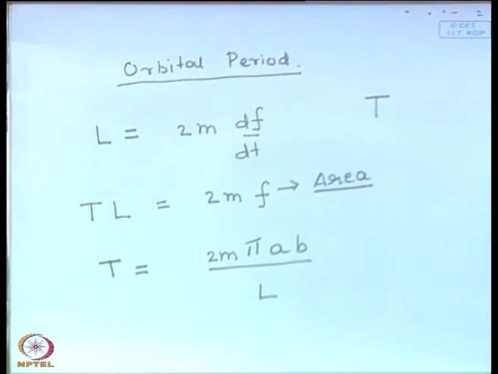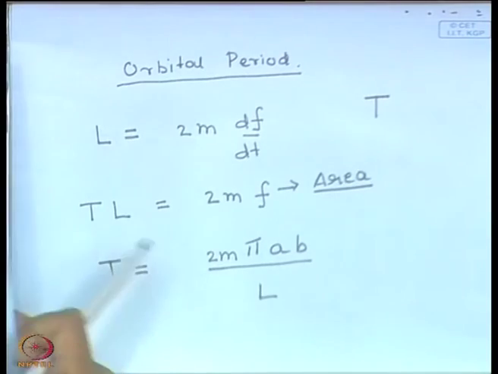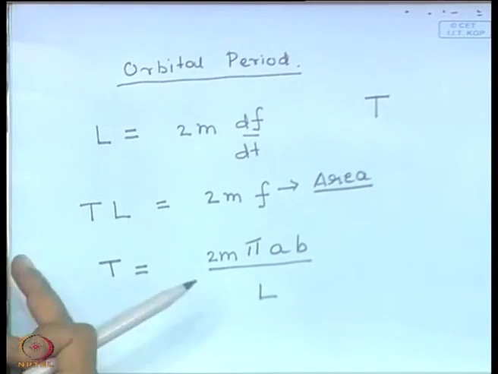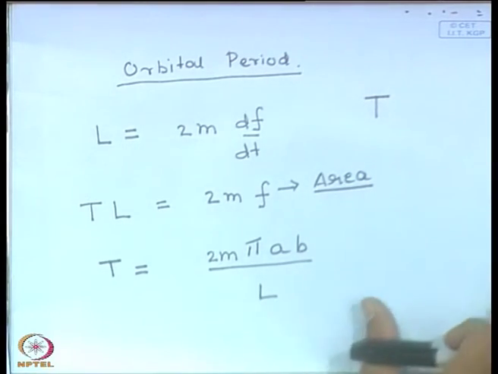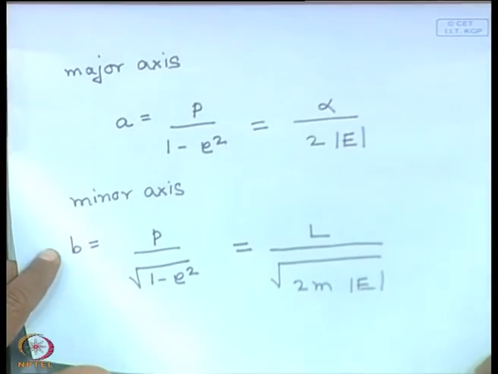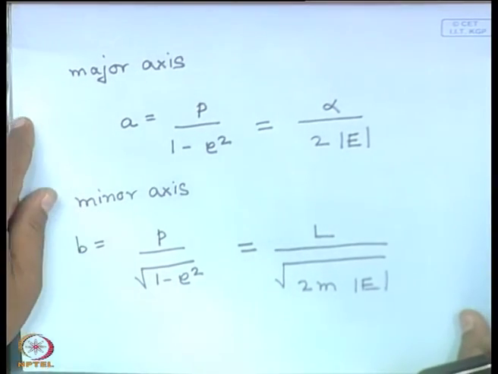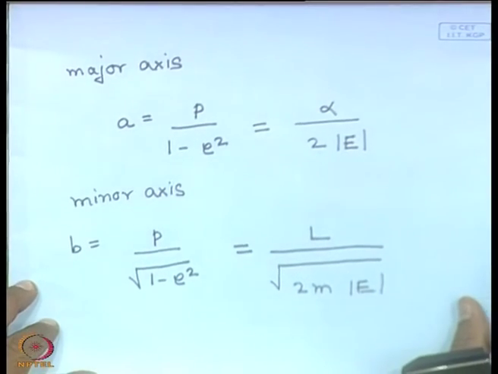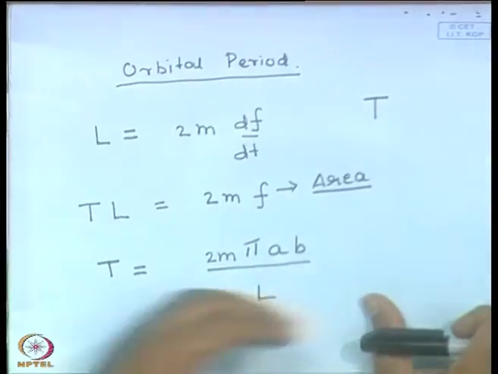So, let us do that. Let us substitute the values of a and b into this. So, we have seen that, we will substitute these over here and work out what the orbital period is, right. So, let us do that.